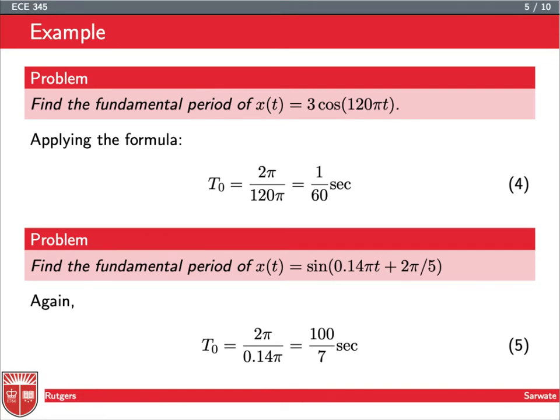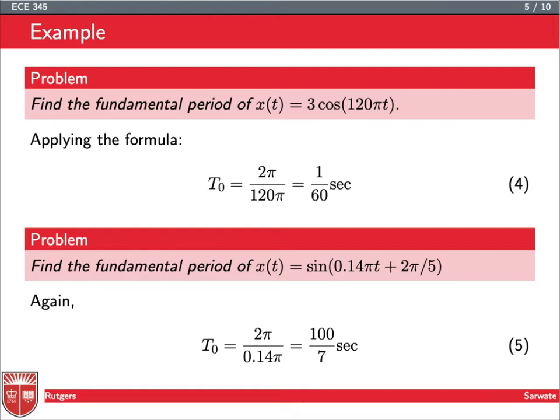This is fairly straightforward. If we have 3 cosine 120 pi t, we take the part multiplying t, which is 120 pi. We take 2 pi over that, so 2 pi over 120 pi, and we get 1/60th of a second. So every 1/60th of a second, this signal repeats itself. What about x of t equals sine of 0.14 pi t plus 2 pi over 5?